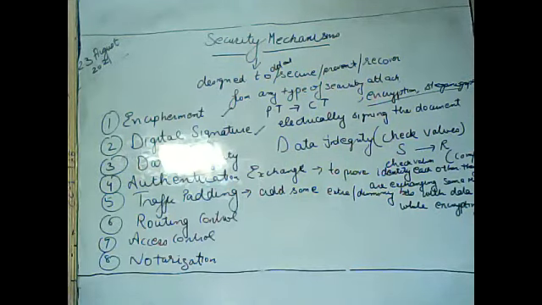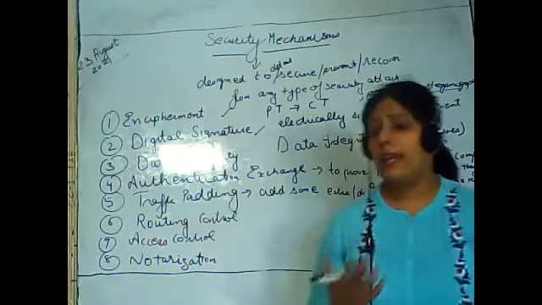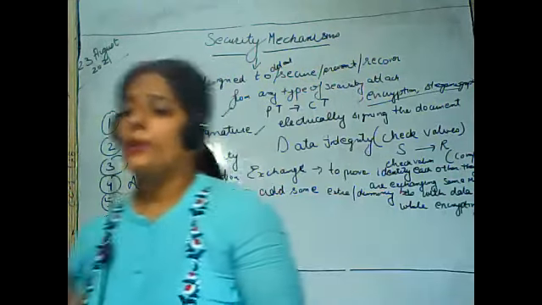So we will be selecting and continuously changing different available routers between the sender and the receiver. Why? So that a third party or hacker should not be able to get your message.